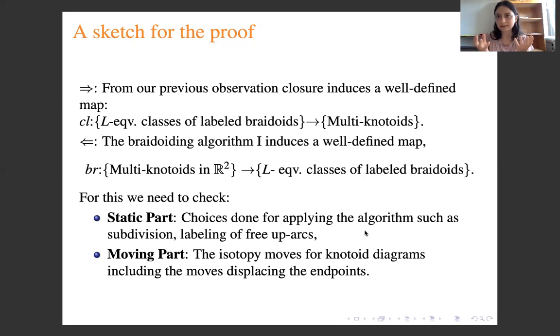So it's not really moving, these choices. And the moving part consists of showing that this map is well-defined under the isotopy moves for knotoid diagrams, including the moves displacing the endpoints.